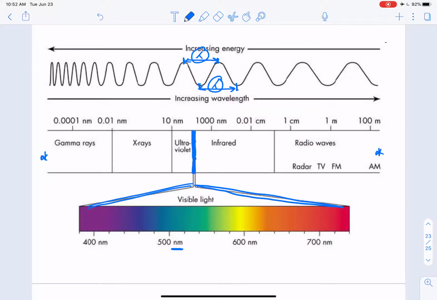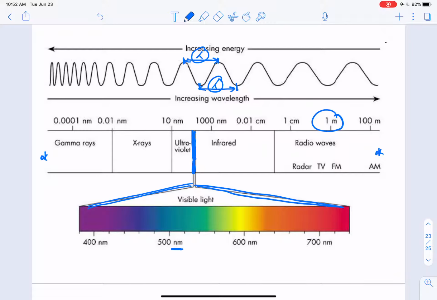Okay, so there we've got our Greek letter for that. Now, what you'll notice over by the radio waves is those waves are super long. So look, the wavelength for a radio wave, the peak to peak, is 1 meter long. That's a big old long wave, okay?